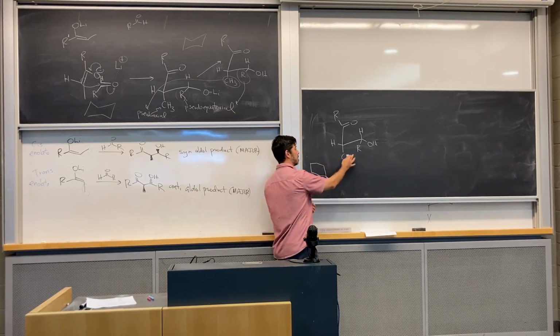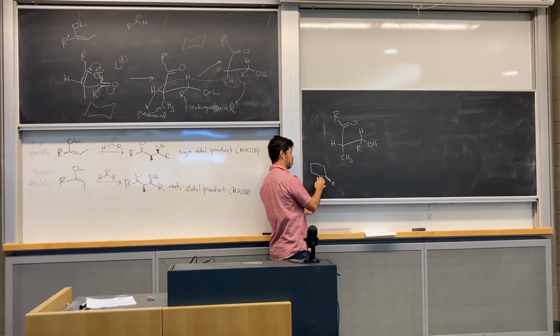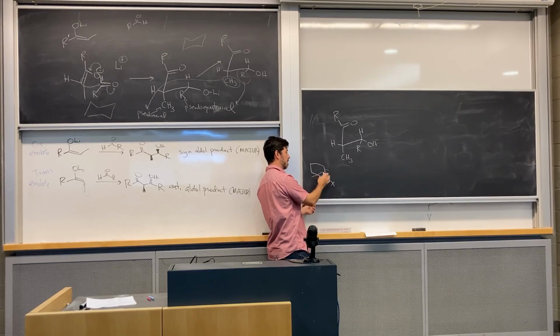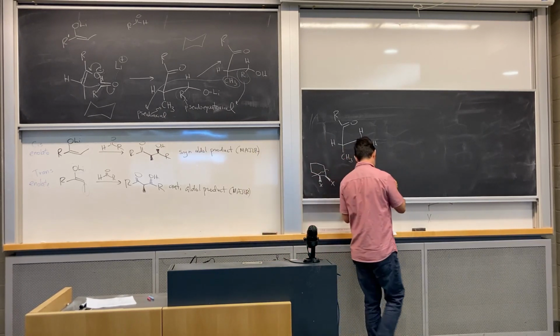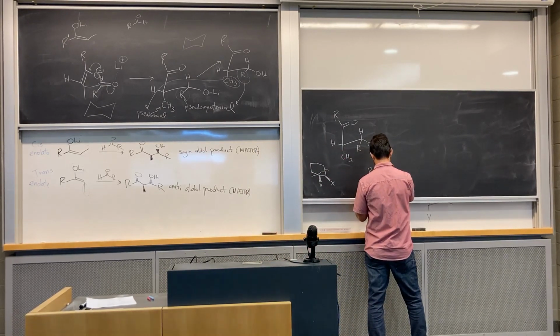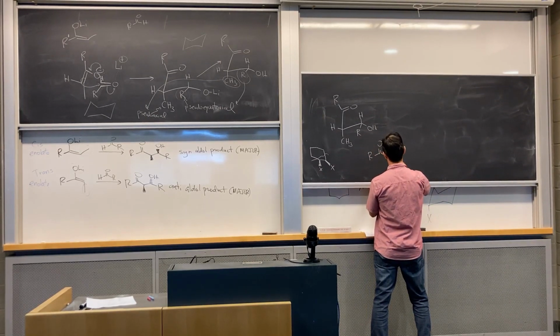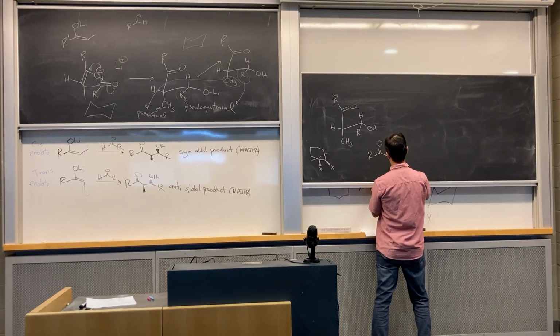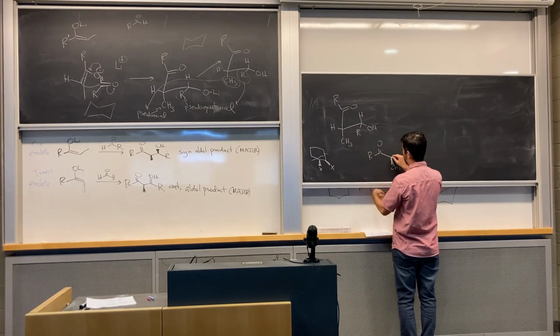So how can we draw this in such a way, and we're just focusing now on this portion here, to account for those groups being on the same side. So let's draw this in this format here. And what I'm going to do is I'm going to put, again, our methyl group right here on this side coming towards us.